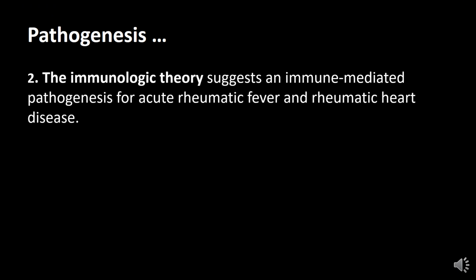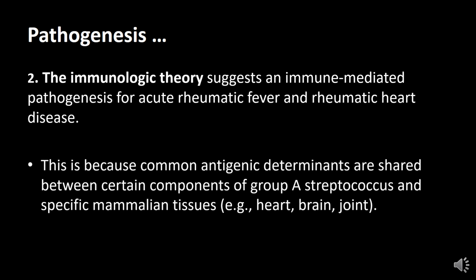Hypothesis number 2 was the immunologic theory. And the immunologic theory suggests that an immune-mediated pathogenesis for acute rheumatic fever exists. That is to say that what has been observed is that antigenic determinants are shared between certain components of the group A streptococcus and tissues within the human body.